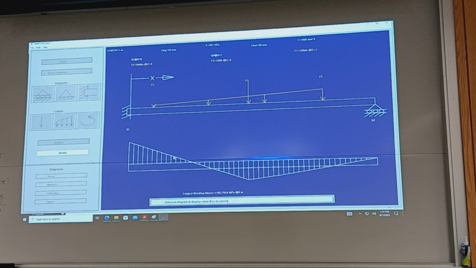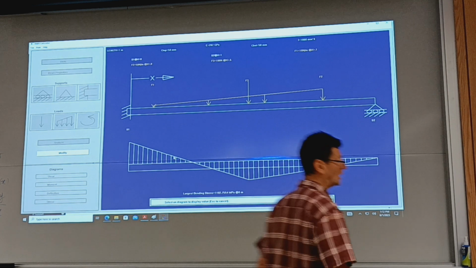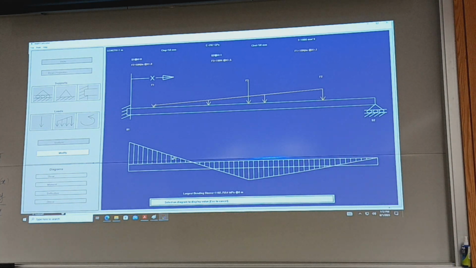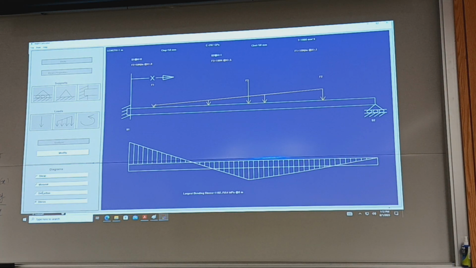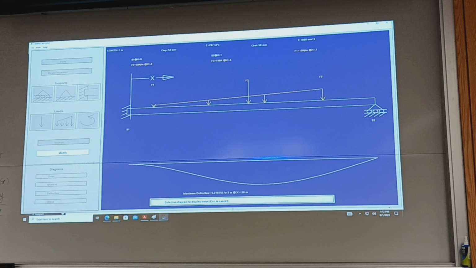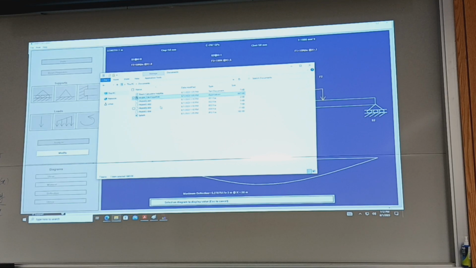Since the slope diagram is not given explicitly, I need to use the deflection now. And if I say save as, hopefully you went somewhere. Save as. So let's see. Yes. So I just took this one.